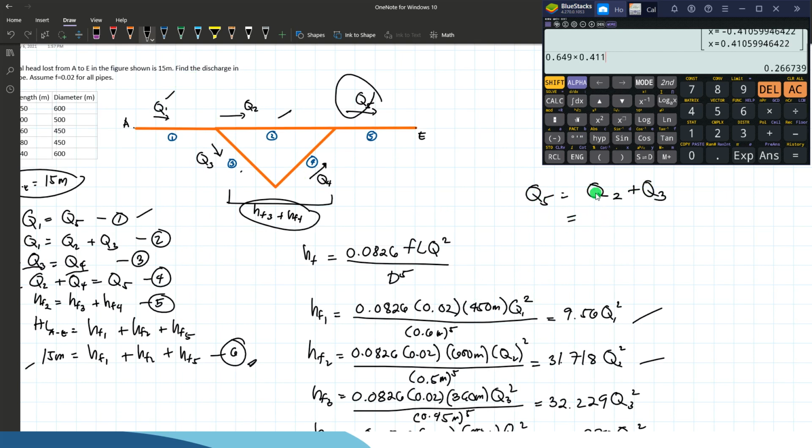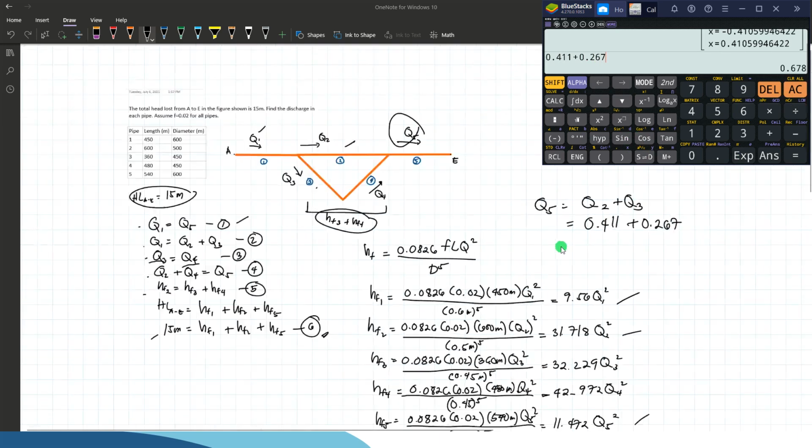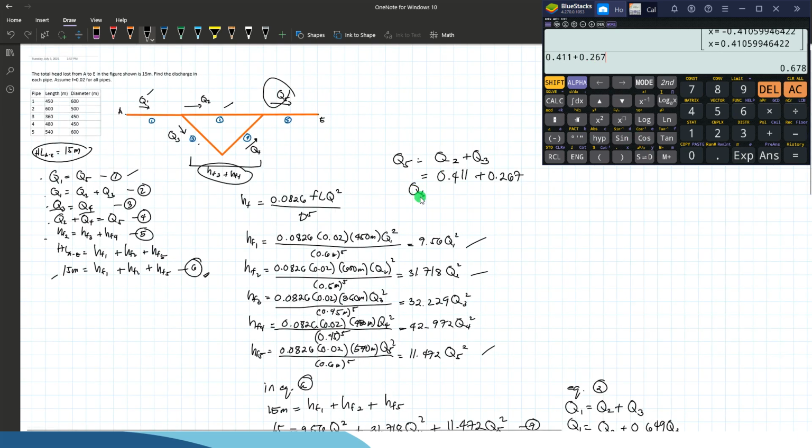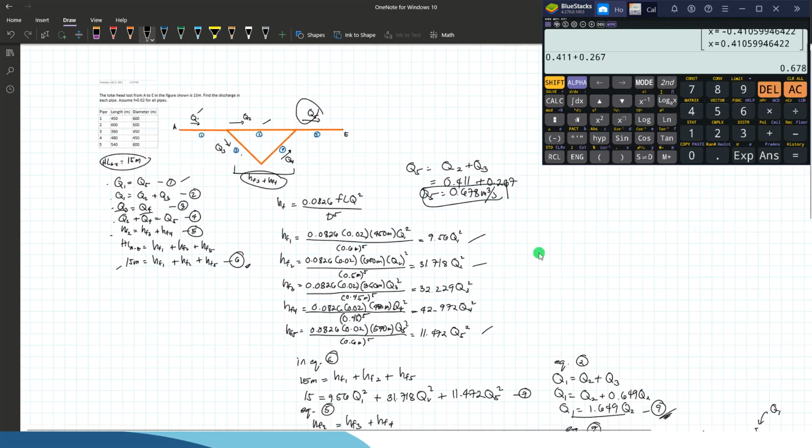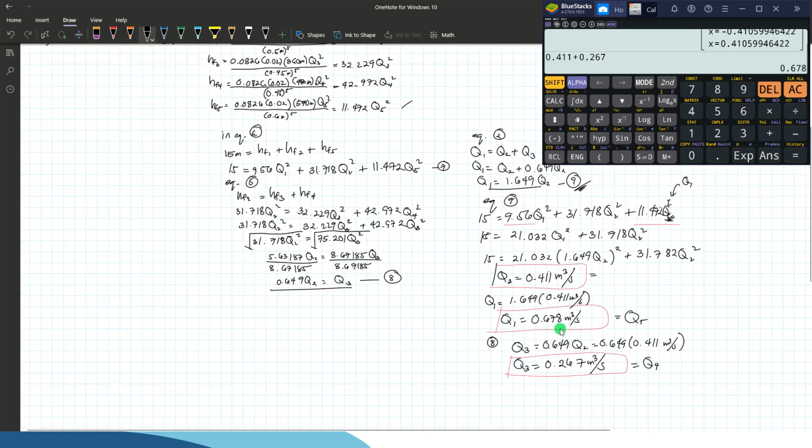So when we add the two, Q2 plus Q3, which is 0.411 plus 0.267, we have 0.678 discharge for pipe number 5, which is equals to the discharge at pipe number 1, 0.678. So we have the correct answer.